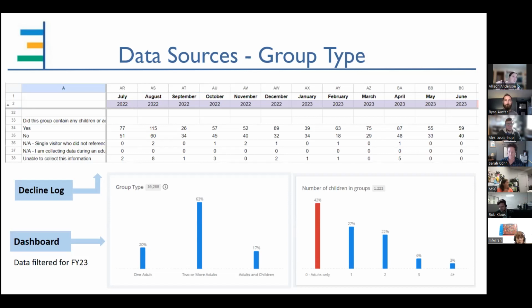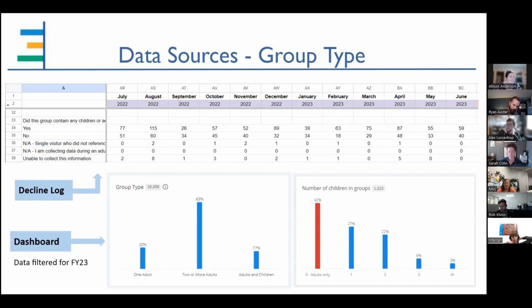And in that response summary sheet, I've color-coded that July to June fiscal year because that is effectively the COVES fiscal year as well. And pulled from the question, did this group contain any children or adolescents, and grouping no's with single visitor who did not reference anyone else.